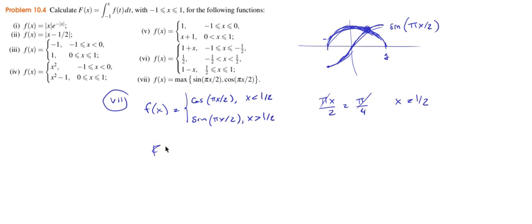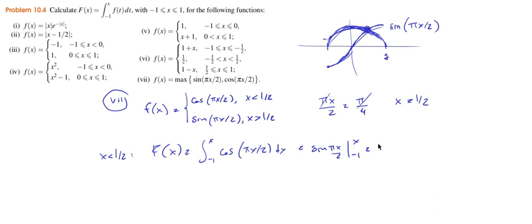Now knowing this, the integral is going to be between minus 1 and x if x is smaller than 1/2 of the cosine of pi x over 2 dx. Now the integral of this is the sine of pi x over 2 between x and minus 1, so this is the sine of pi x over 2 minus, and this is 1, okay?